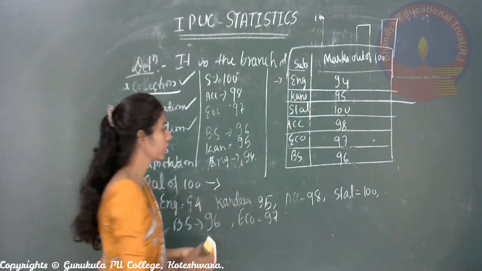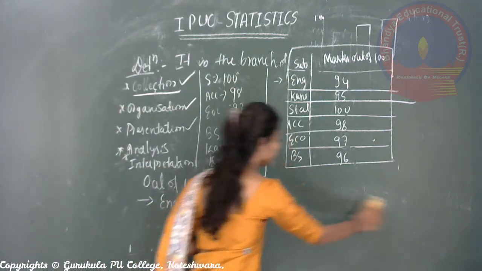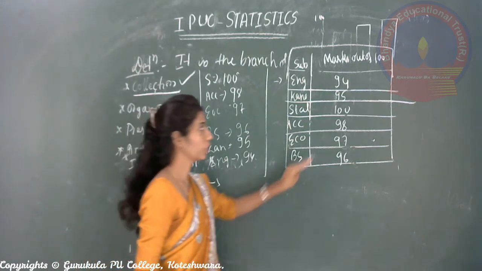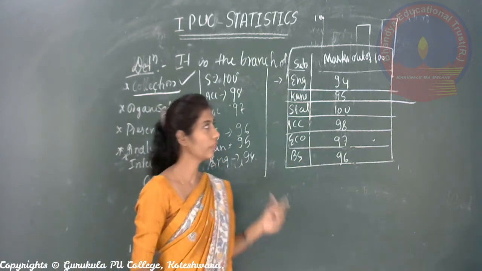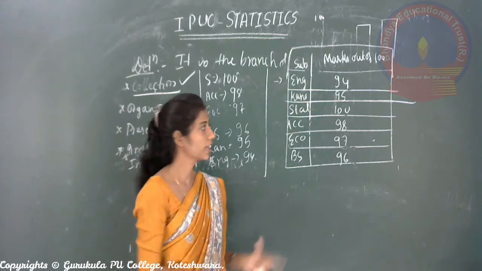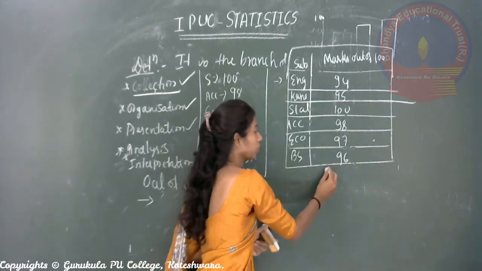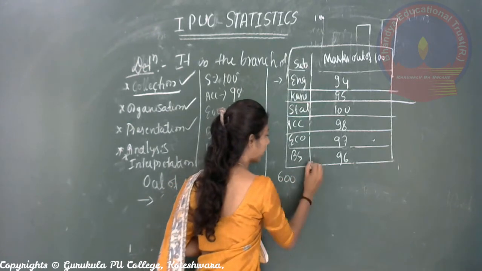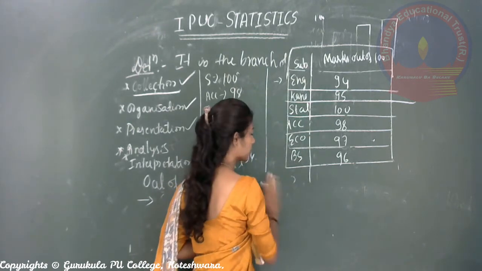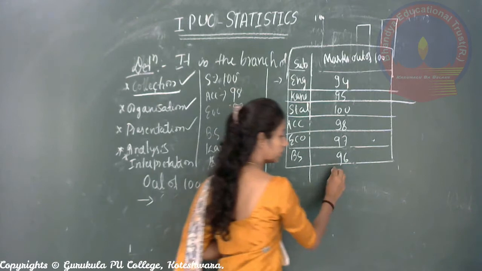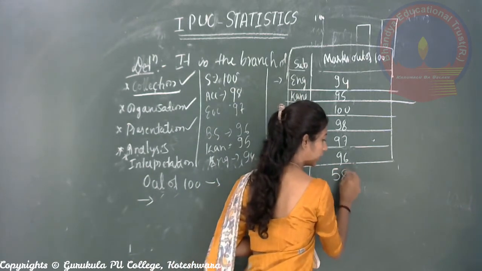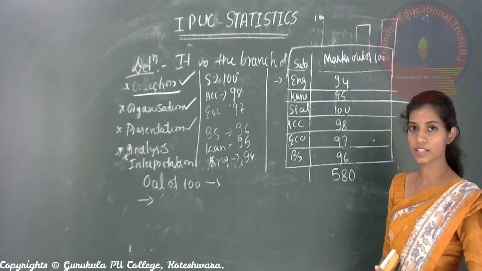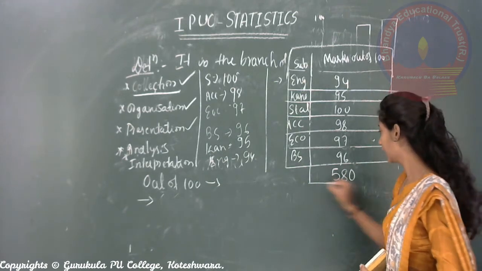So I am going to analyze it and calculate the percentage. How can we get the percentage? By taking the total. Each subject is out of 100, and his total is 580.